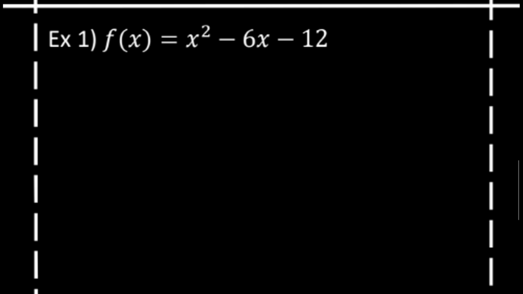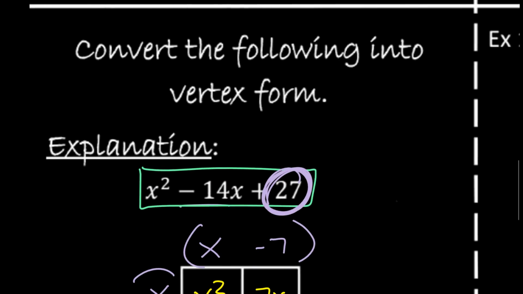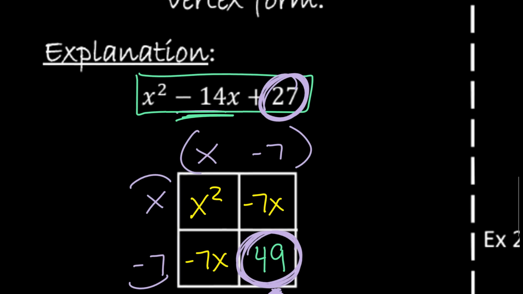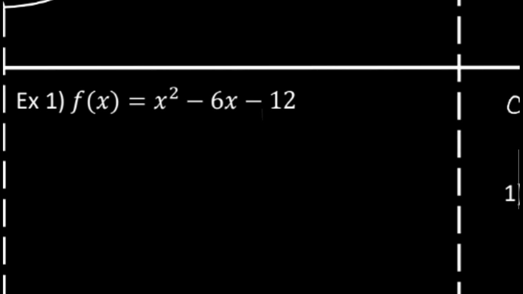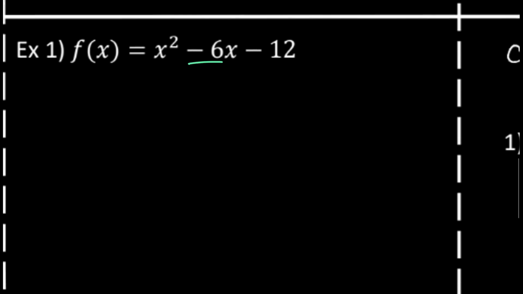All right, so let me show you what to do. It's just steps that you have to memorize, unfortunately. Now remember, what did we do to this 14x to get this -7? We split it in half. So that's what we do here. We take our b and divide it in half. So what's our b on this problem? -6.